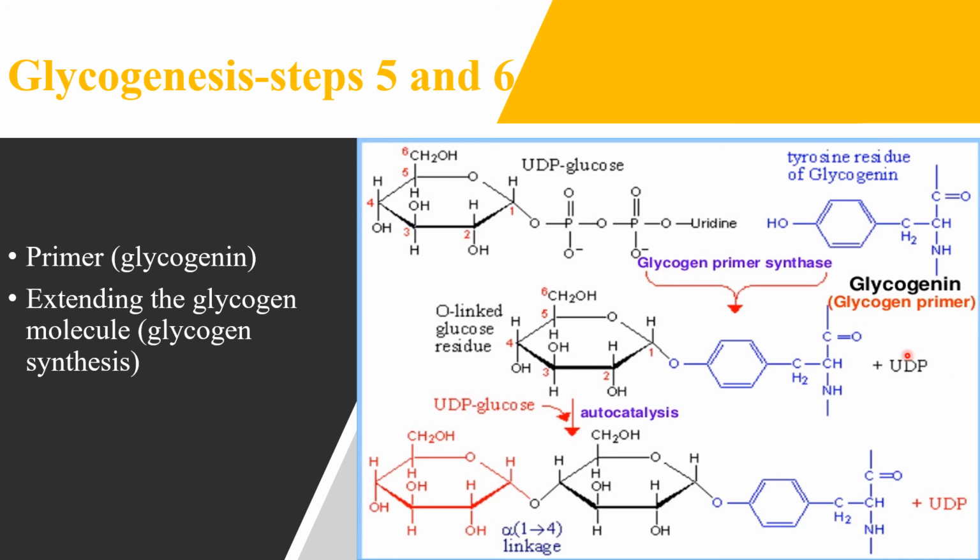Now once we continually add these glucose molecules, we want to start branching them, because that increases solubility of glycogen. And so that's where the glycogen branching enzyme is responsible for creating those alpha-1,6 linkages, which lead to the branching points.